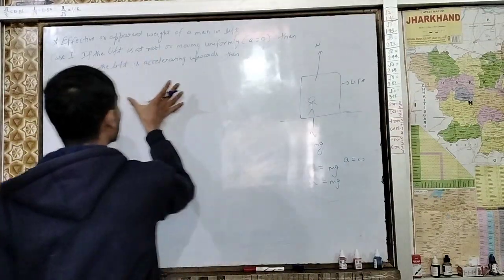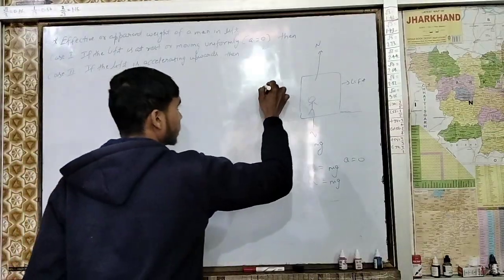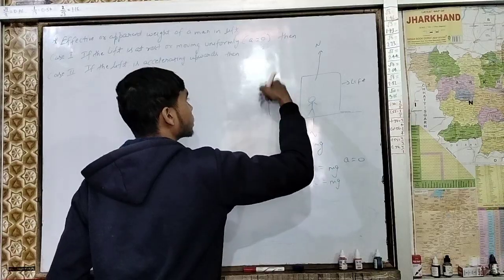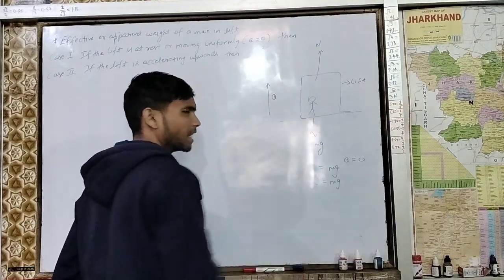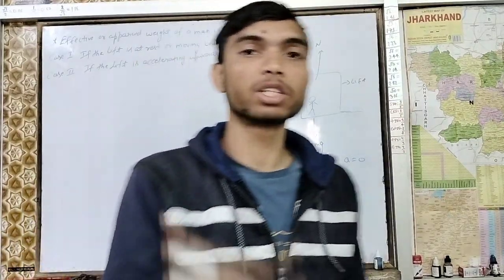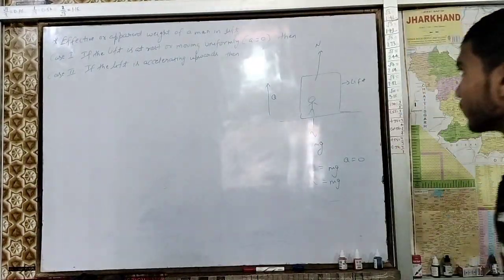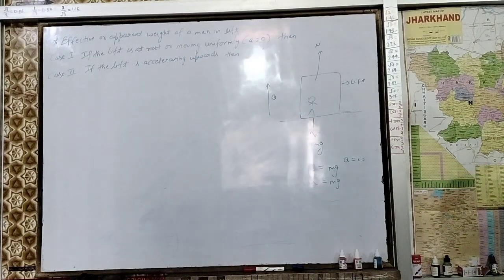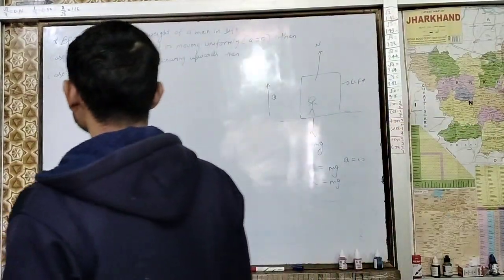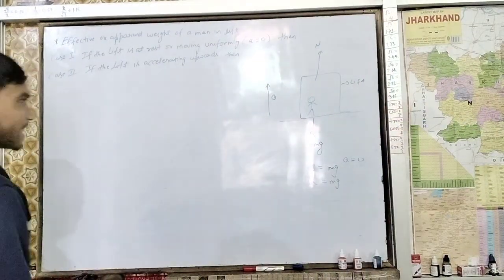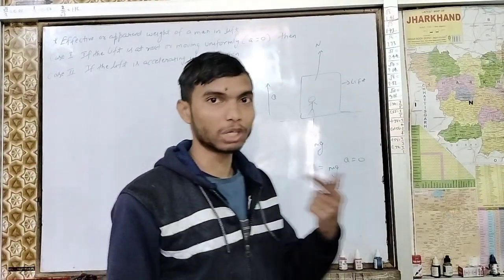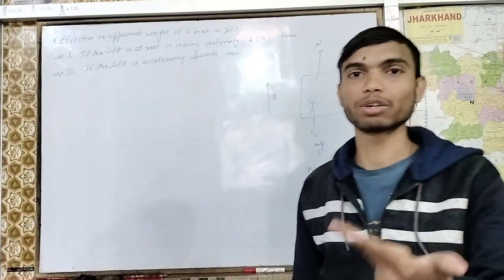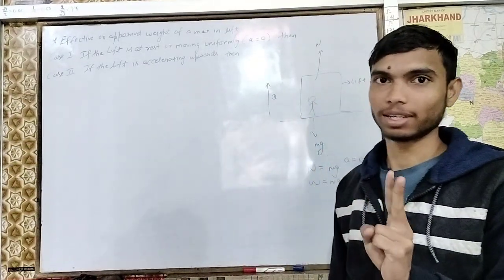Now remember, I am talking about the second case. In that case, let's say acceleration is upward. It means the lift is going upward with some acceleration. In that case, we know the net external force is equal to ma.